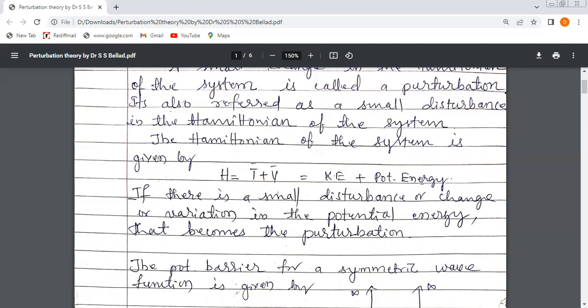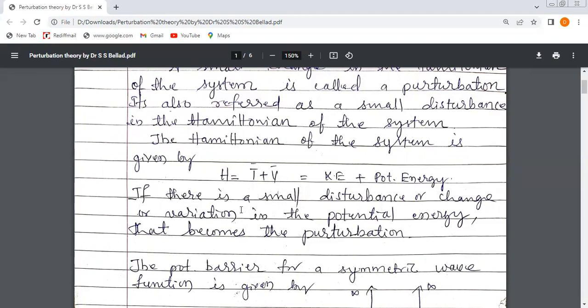That is why the Hamiltonian represents the total energy of the system. That total energy is composed of kinetic energy and potential energy. That means a part of the total energy is kinetic in nature, and the remaining part is the potential energy.